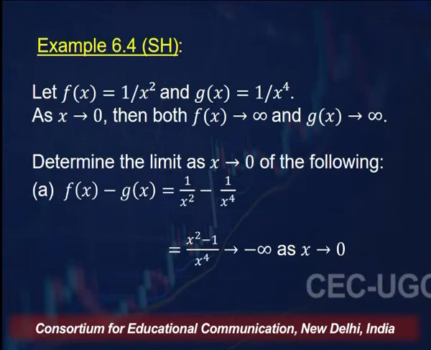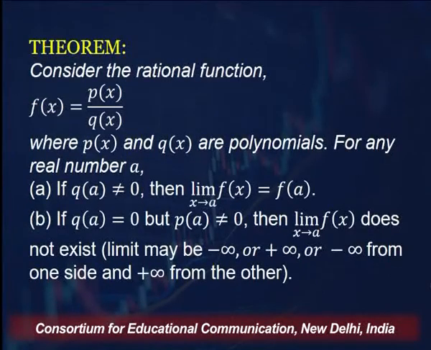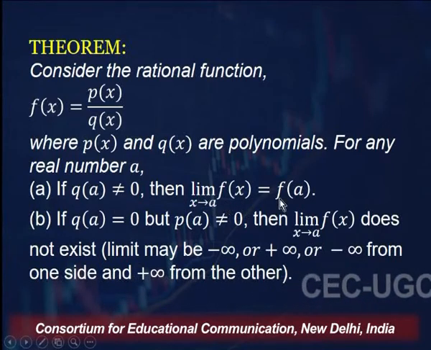Let me show you the theorem that we had talked about in the previous lecture. This says that if you have the rational function p of x divided by q of x, where p of x and q of x are polynomials, then as long as the denominator is not equal to 0 at a, you're fine. So the limit of the function is equal to f of a as x tends to a.